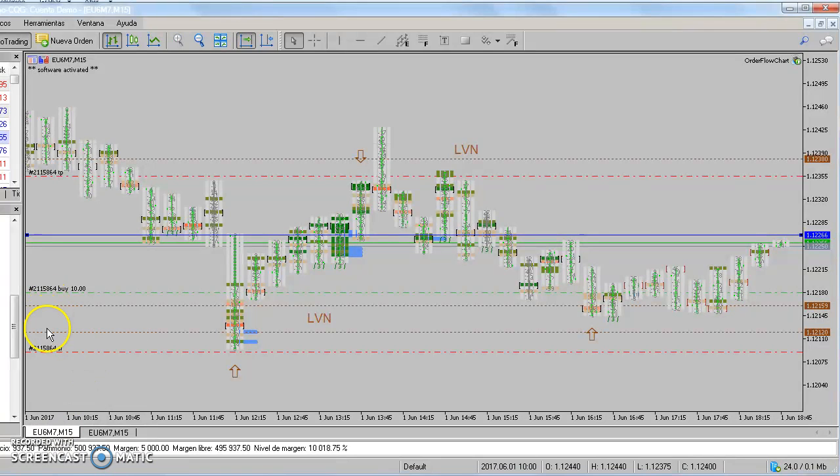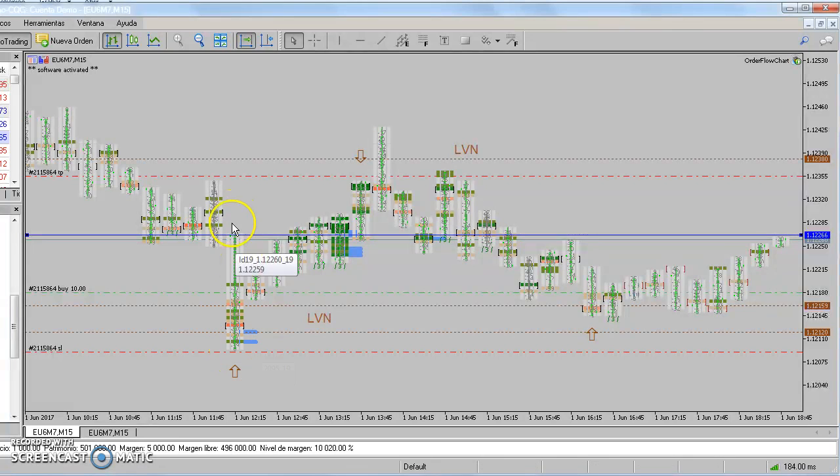This area between these two lines is the low volume node that we already saw in the previous chart. And there is a low volume node at this top as well, but we are interested in this bar, which was rejected against that low volume node.